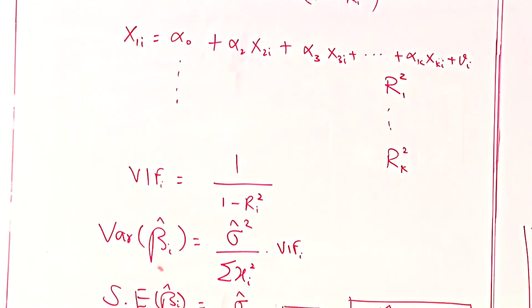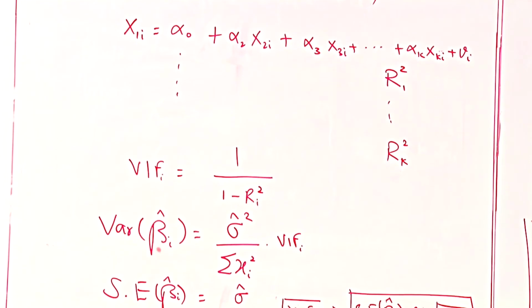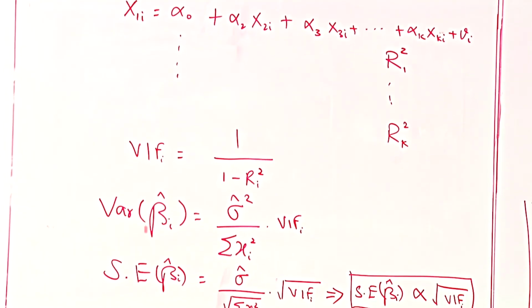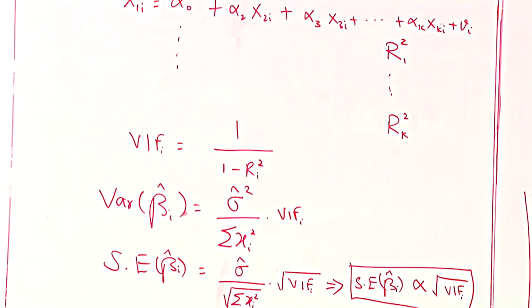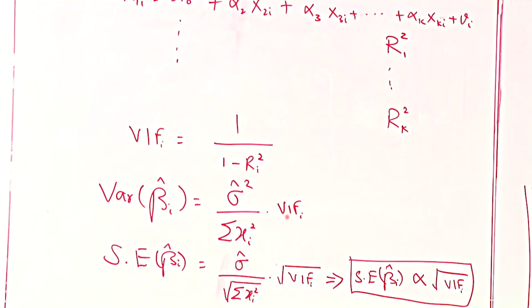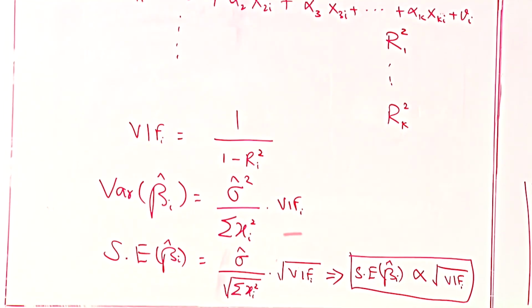This is the generalized version of the result we derived: variance of beta i hat is equal to sigma hat square divided by sigma xi square times VIF i.